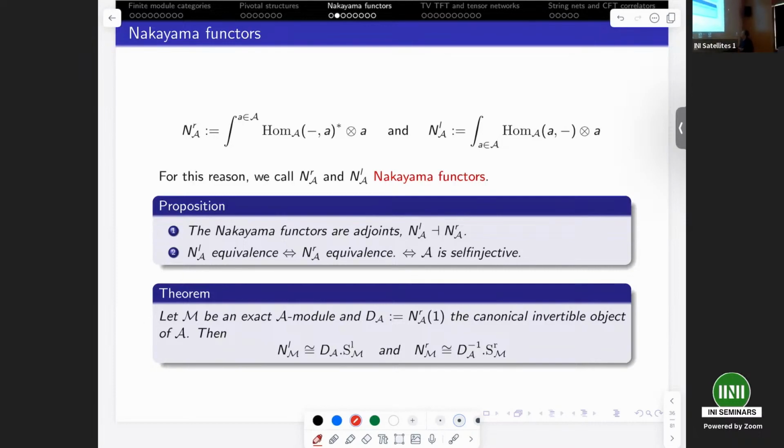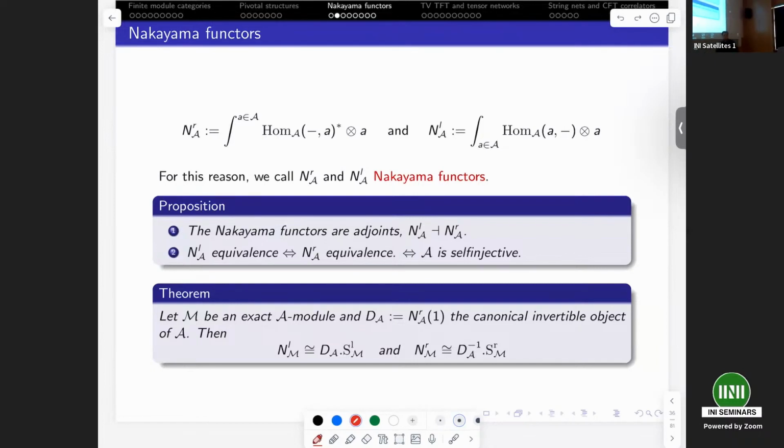So in these finite tensor categories, there is a distinguished object which is obtained by applying the Nakayama functor to the monoidal unit. Well, this object is invertible, so there is another object D-twiddle such that D tensor D-twiddle is the monoidal unit.